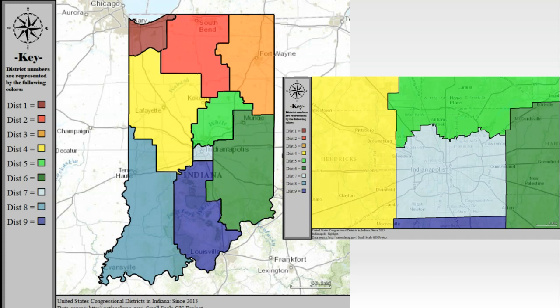Again, not really that much gerrymandering taking place until we really look at Indianapolis. You can start to see it's pretty wonky. But again, all of this is simply to help give one political party an advantage over another in winning seats in the House of Representatives.